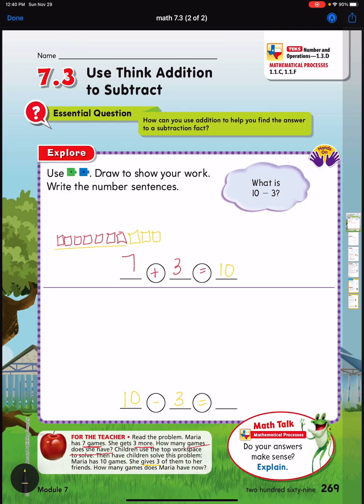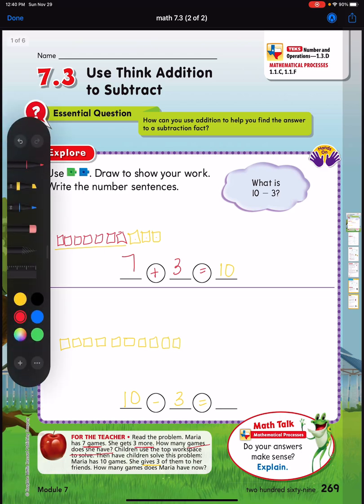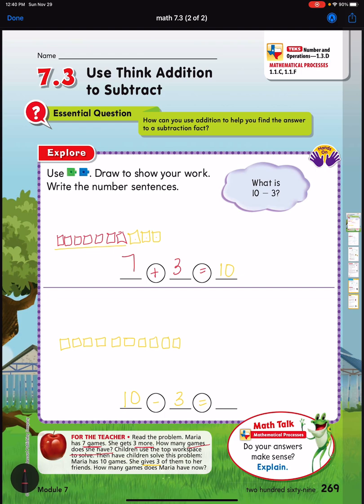So I could draw my picture of my 10. 1, 2, 3, 4, 5, 6, 7, 8, 9, 10. And she gave away 3 of them. 1, 2, 3. How many is she left with? 1, 2, 3, 4, 5, 6, 7. 10 minus 3 equals 7.